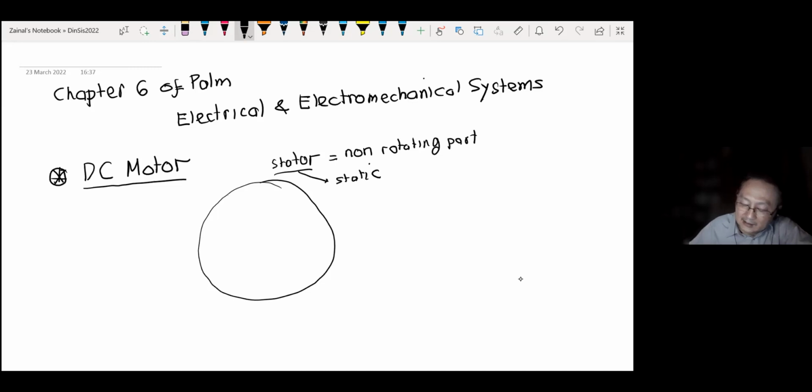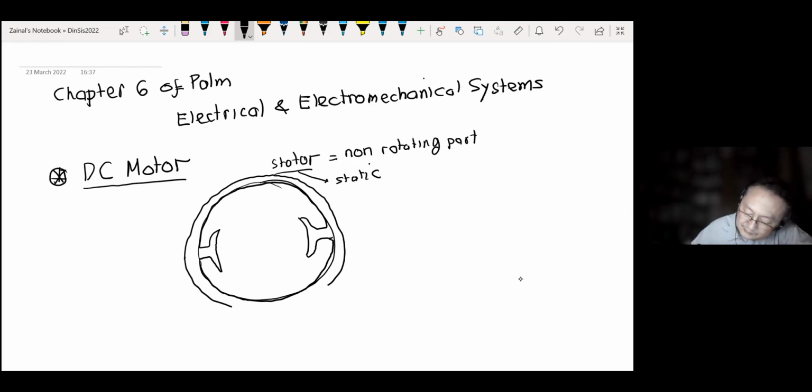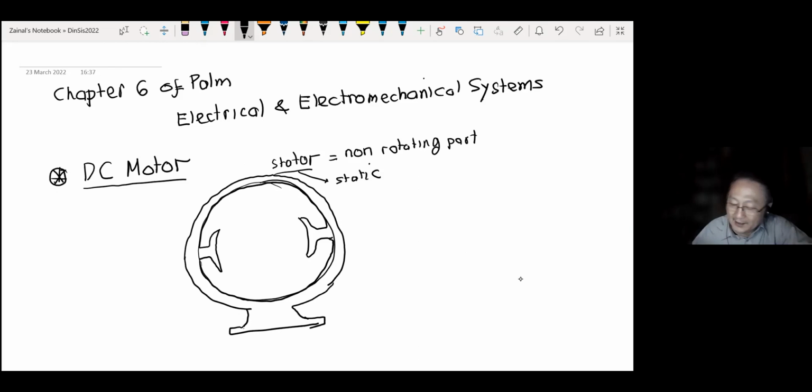This usually has housing, etc. And you have something like this, which is the foot of the motor. Then you have the rotating part. This one is rotor.